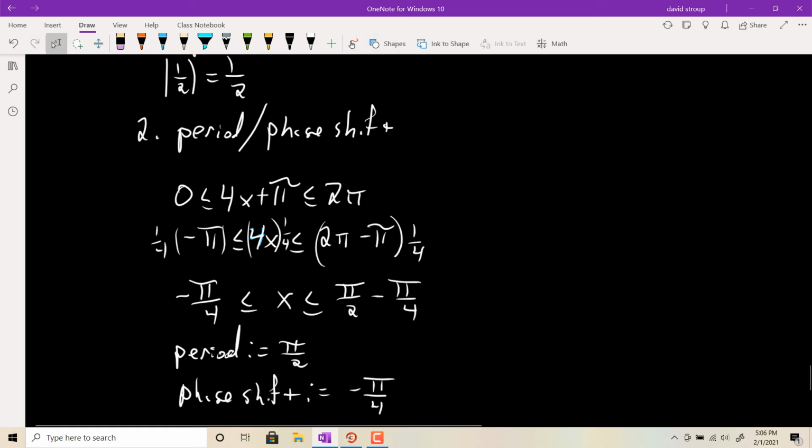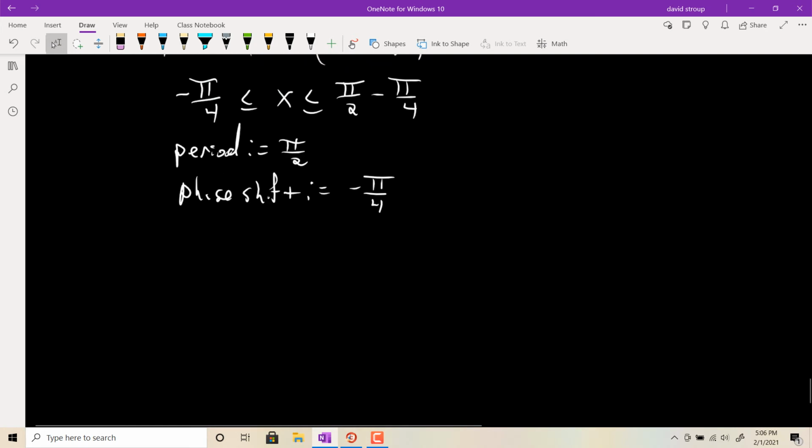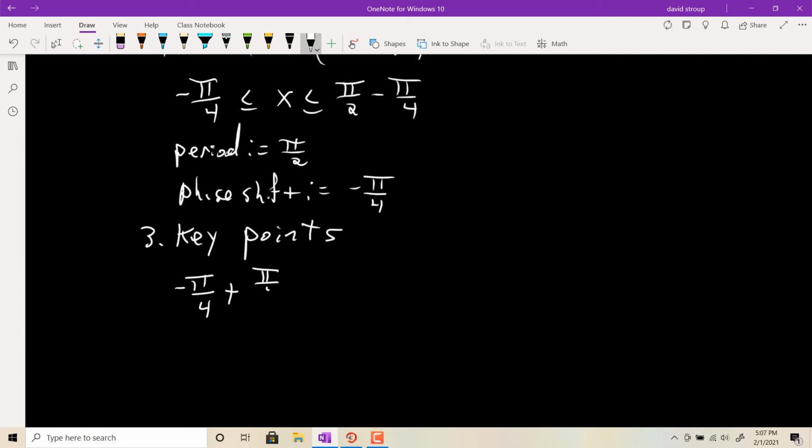What else then? The key points, or the tick marks, is kind of how I think of it. So you're going to start at negative pi over 4, and then you're going to be adding in the period divided by 4. So what is that?